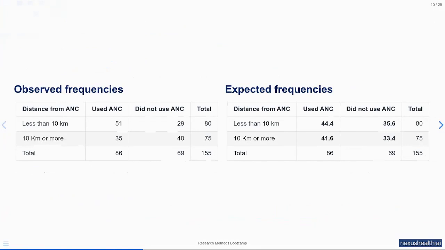Of course, the second table shows the calculated expected frequencies. Remember how the expected frequencies are calculated? So it's the product of the row total and the column total divided by the grand total.